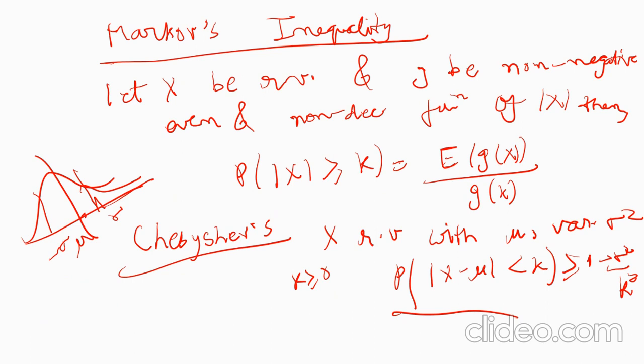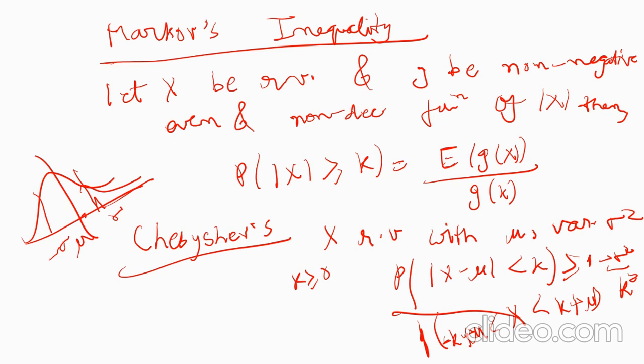So the probability that the value lies in between, we can write it as x lies between minus k plus mu to k plus mu.